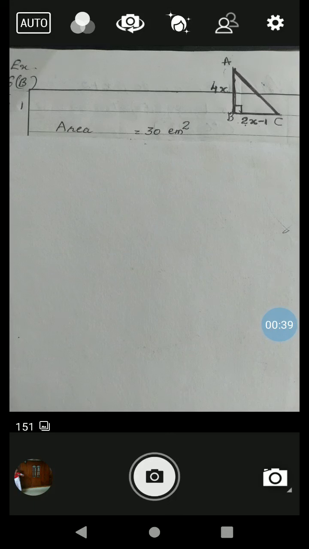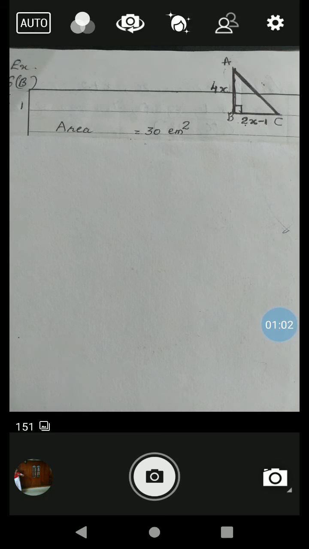That is, you will get a quadratic equation. Then as usual, we can solve the equation. And remember, the standard form of the quadratic equation is ax square plus bx plus c is equal to 0.